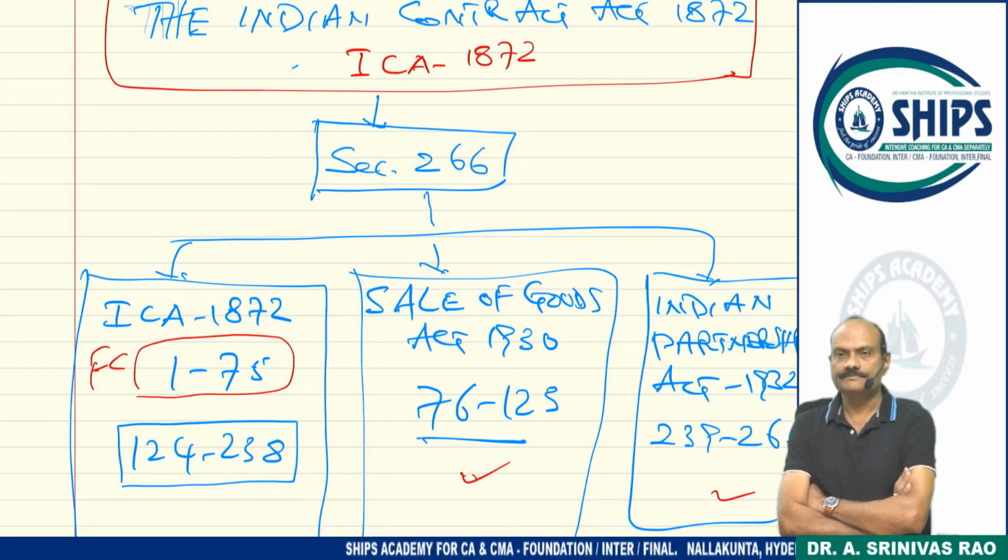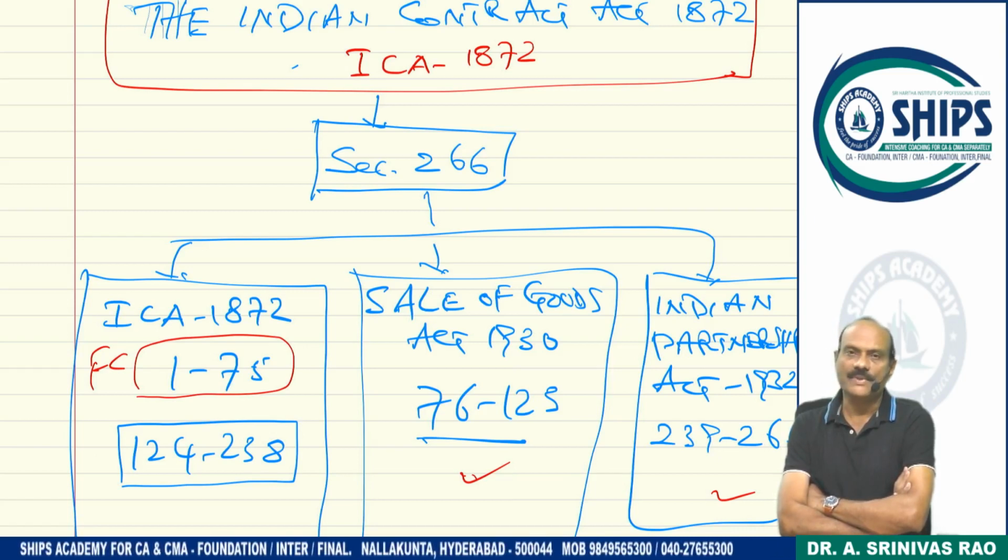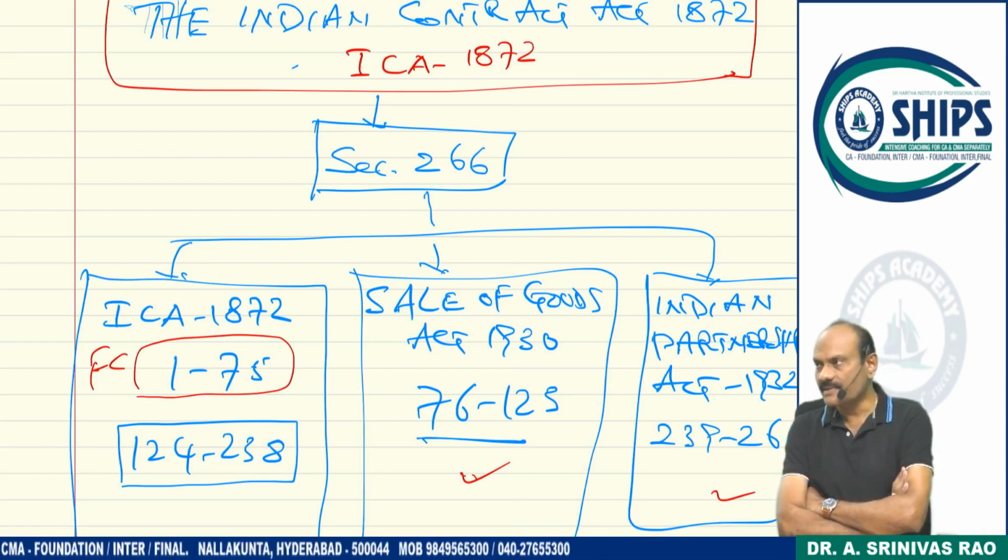Second point. Section 1 to 75 deals with general principles of contract.